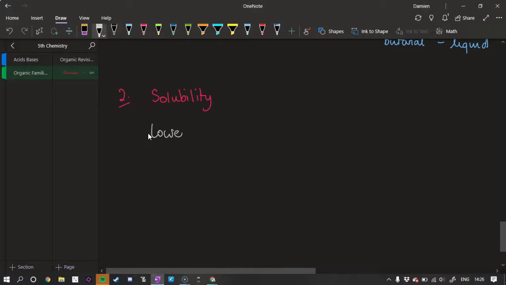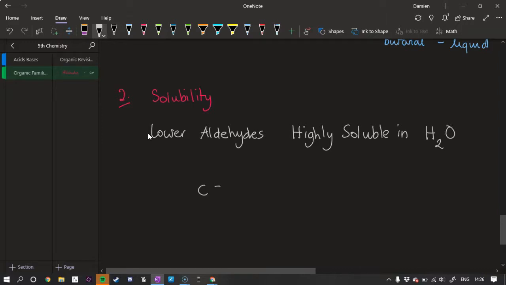So lower aldehydes, so we're talking about meth and eth. Lower aldehydes are highly soluble in water. And one of the main reasons for this is this carbonyl group. So if you look at the carbonyl group where the carbon is slightly positive, the oxygen is slightly negative, and then you take a water molecule, which will be shaped like this, H2O.